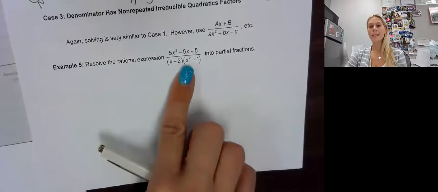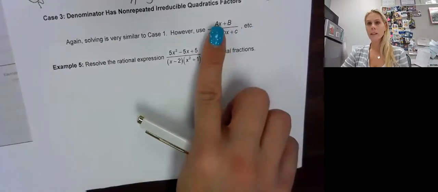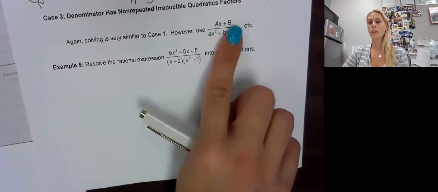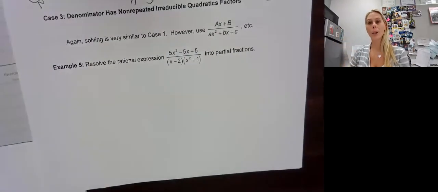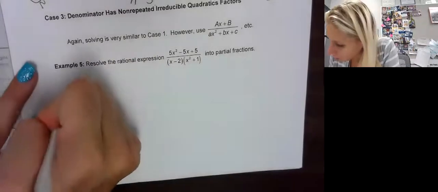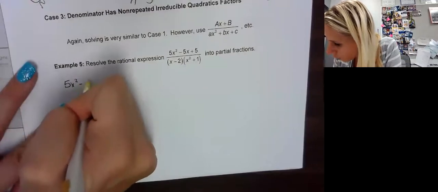Well, what that means is that our numerator is going to be in the form of ax to the first plus b. So always think of it as one exponent lower. Okay. All right, so what does that mean? Well, luckily, they already have this factored for us.